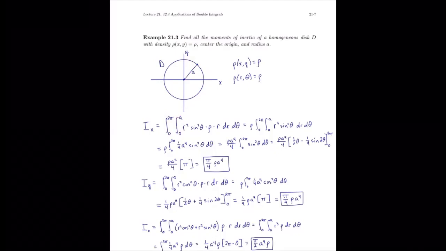Now the one thing we need to remember is that this integral is over the region D. In the case of the moment about the x-axis, I sub x, it's the double integral of y squared rho of xy dA.